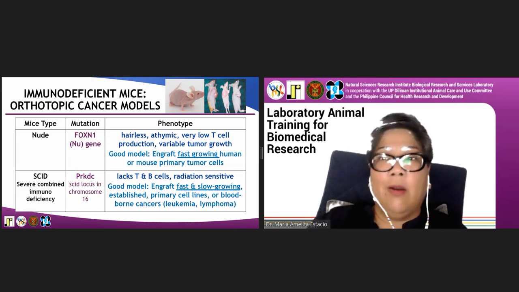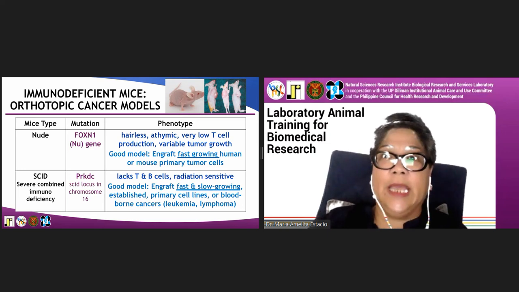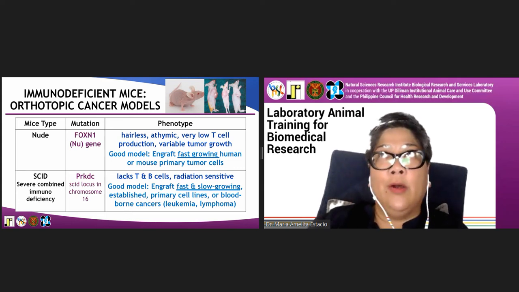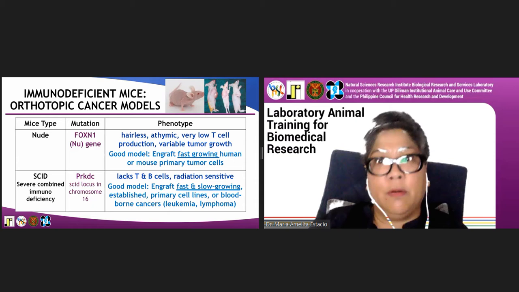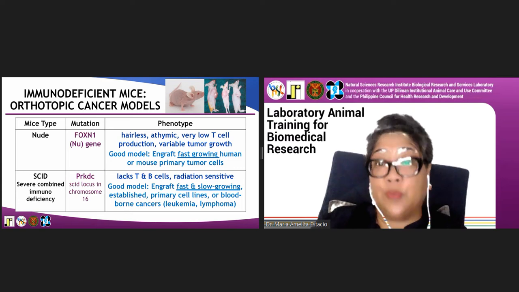There are also helper T cells that can stimulate the B cells for antibody production. And there are also T cells that can produce lymphokines, such as interferons and other substances that can also aid in cancer response.